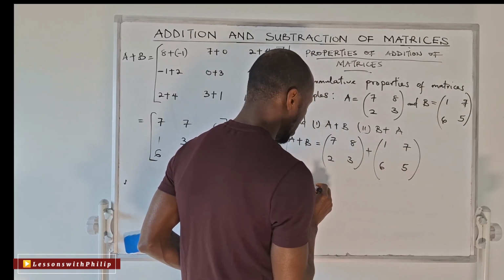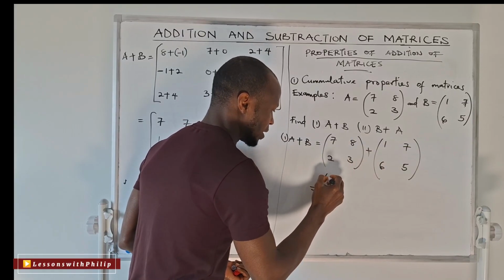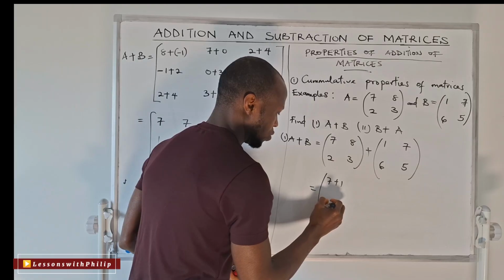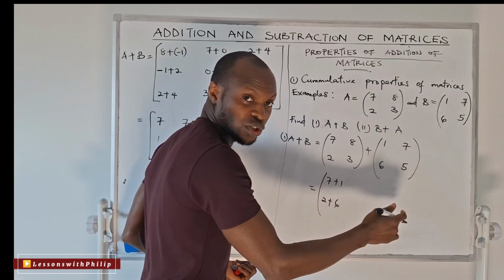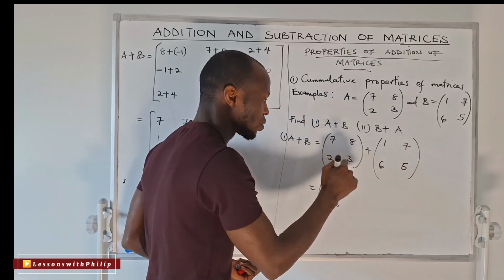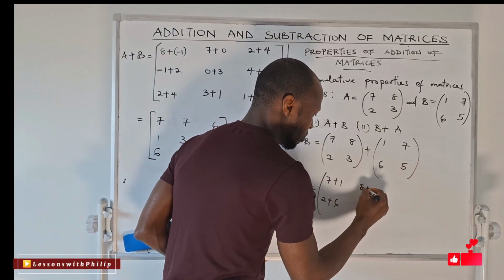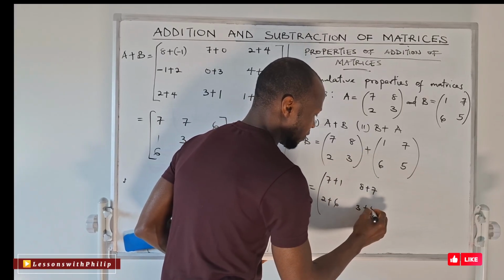If you add these two matrices together, that is 7 plus 1, 8 plus 7, 2 plus 6, 3 plus 5. Columns will be added to columns, rows will be added to rows.